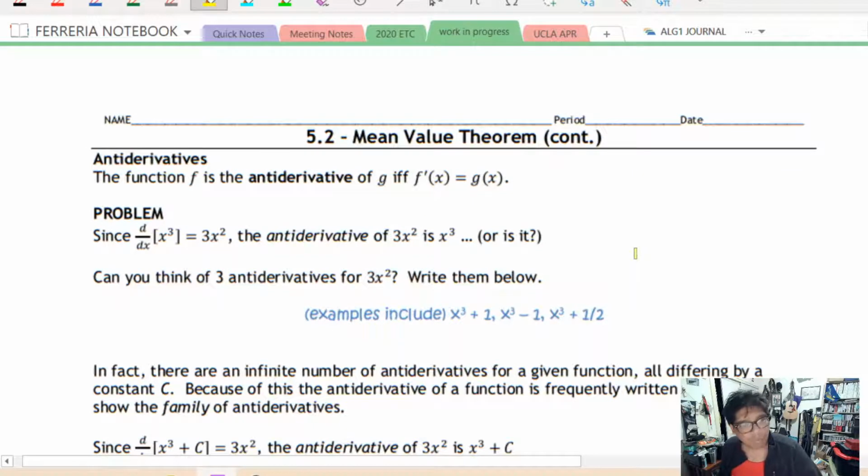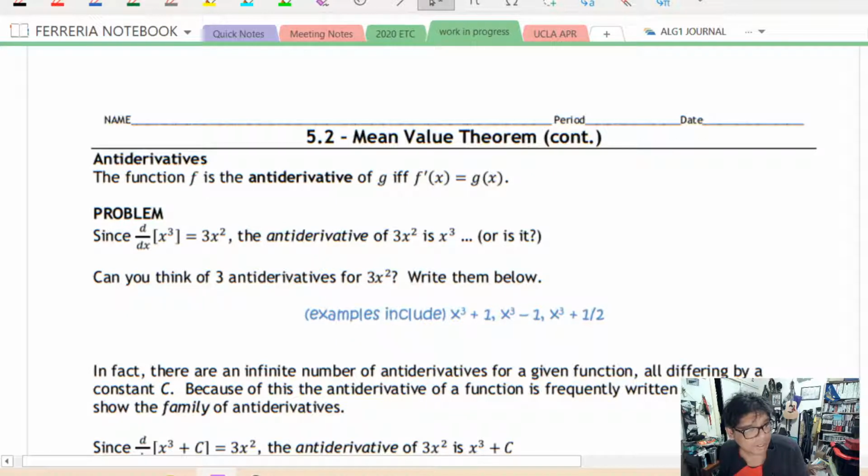Okay, and we're going to start with antiderivatives. So what is an antiderivative? Well, if one function is a derivative of another, then the functions are also antiderivatives. So let's say if f prime is equal to g, so the derivative of f is equal to g, that means f is the antiderivative of g.